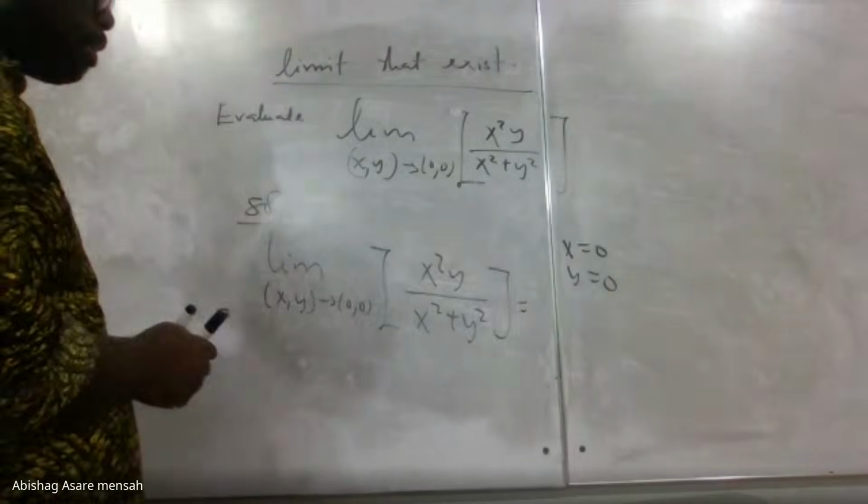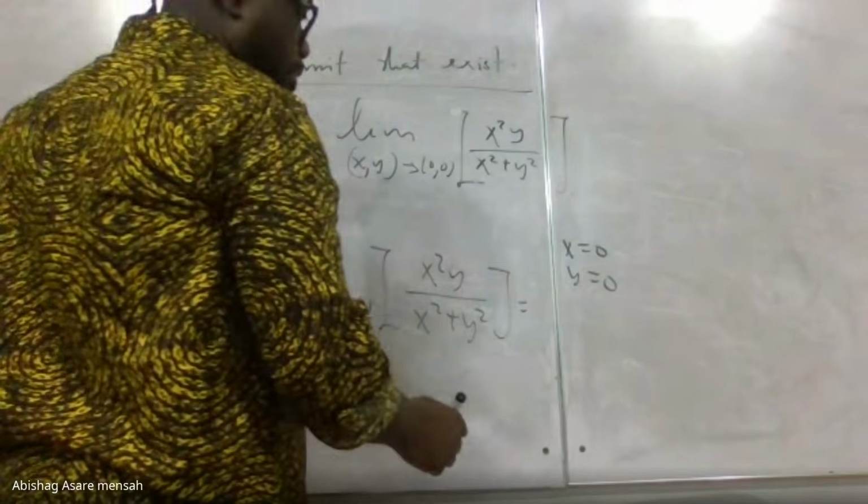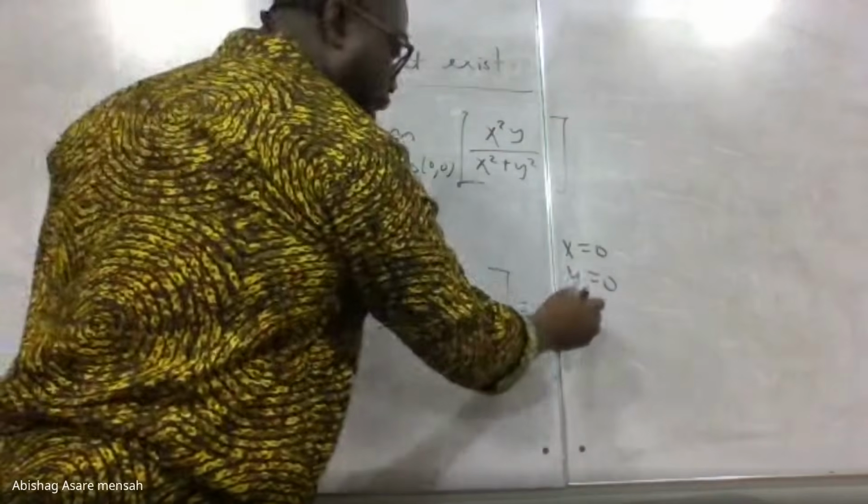Yes, when x is 0, what do you get? 0. You have the whole limit as 0. What about y? Yes, it's also 0. And please set when y is equal to x.